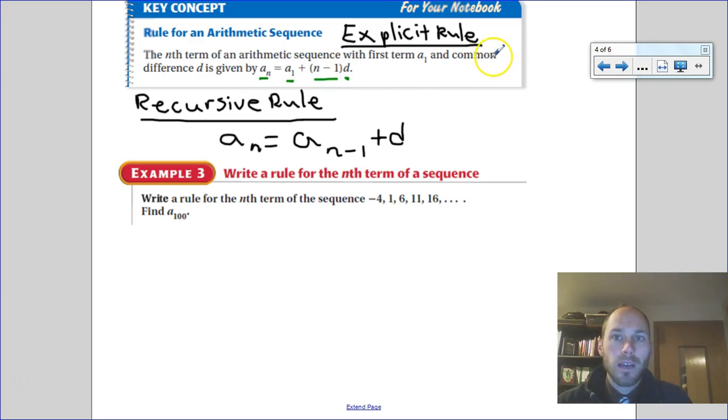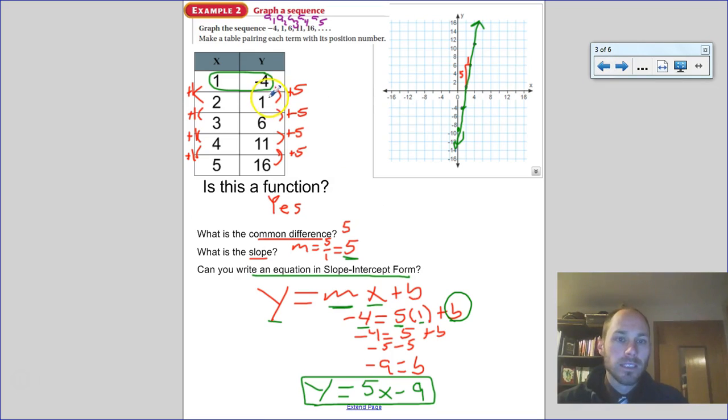Before we said y equals mx plus b. Here, the x that we're multiplying by is n minus 1, because if I want to get to the fifth term, how many times did I add the common difference? 4 times, because I started at the first term and I added 5 once, twice, 3, 4 times.